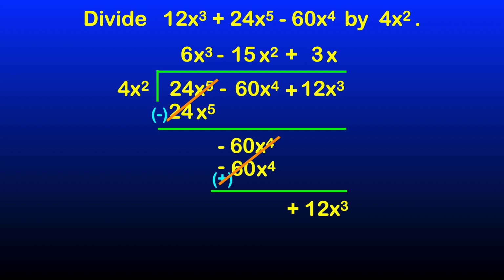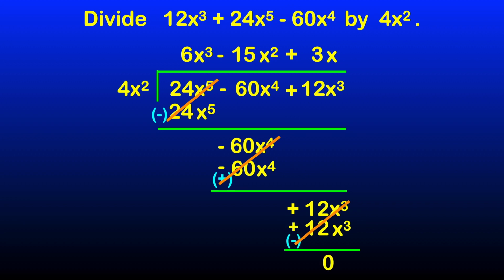Then, multiply again. Positive times positive is positive. Pwede nang hindi isulat yan. 3 times 4 is 12. Then, x times x squared is x cubed. Then, subtract. Change the sign to opposite. And then, 0 na yan.